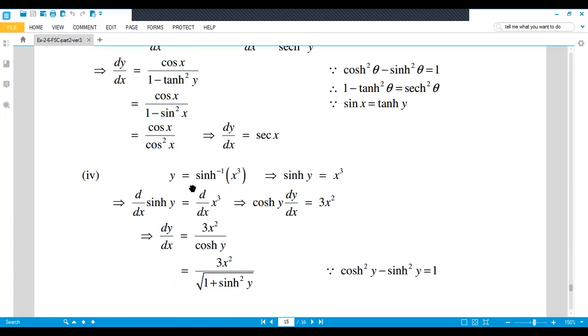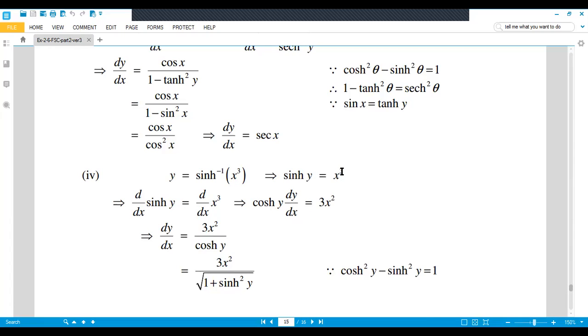Here you are given y equal to sinh inverse of x cube. So this sinh inverse, when you shift it to the left hand side, becomes positive. sinh y is equal to x cube. Differentiate with respect to x on both sides. The derivative of sinh y is cosh y, and further the derivative of y is dy by dx.